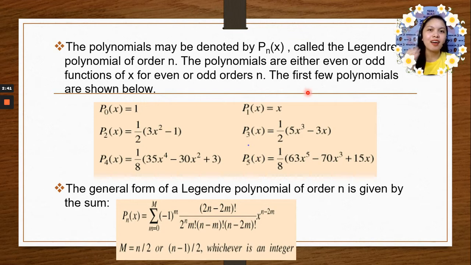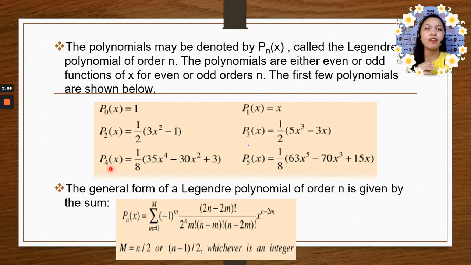P sub 0 of x equals 1. P sub 1 of x equals x. P sub 2 of x equals 1/2 times (3x squared minus 1). P sub 3 of x equals 1/2 times (5x cubed minus 3x).